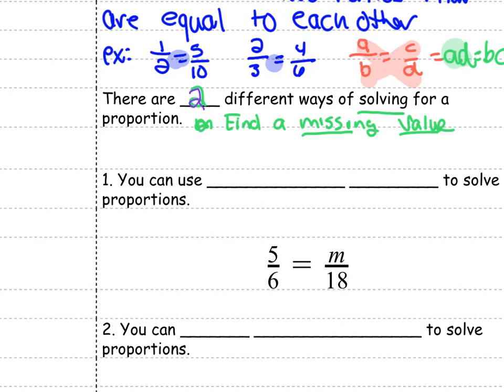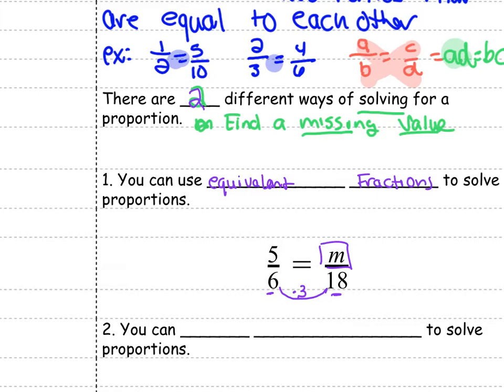One way is just using equivalent fractions to solve proportions. It's finding that missing number using multiplication or division. This is what we were doing when we were finding our unit rate. 6 times 3, so what do you have to do to this denominator to get to the new denominator?